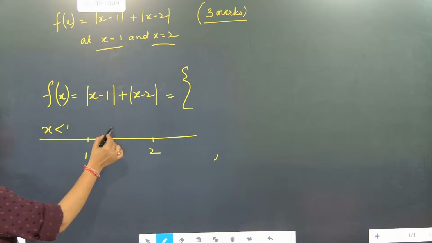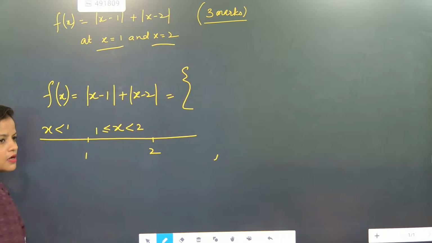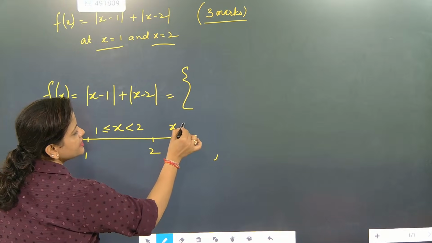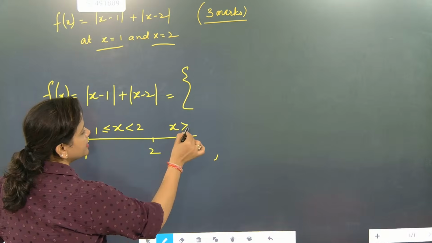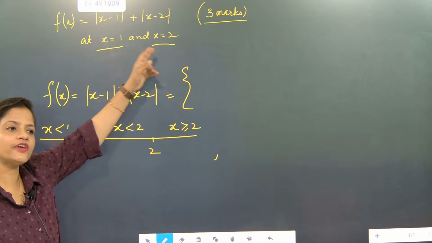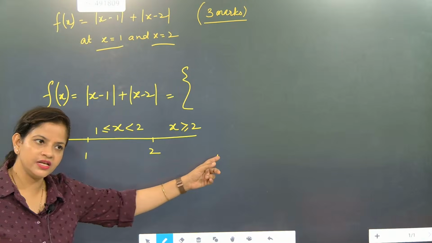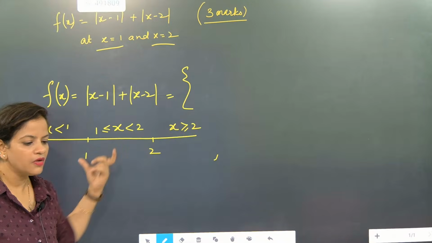Got it? Here x is greater than or equal to 1 but less than 2. This is the second region, and here x is greater than or equal to 2. So when they told us to check at two points, 1 and 2, we got three regions.